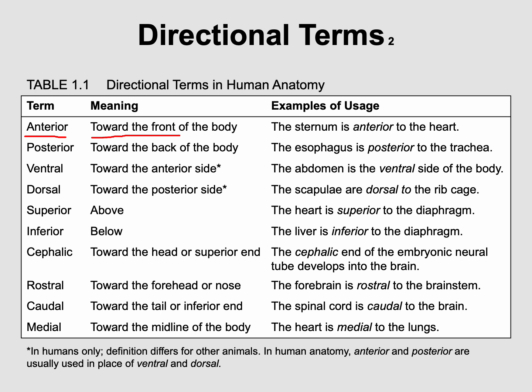So in other words, the sternum is basically right in front of the heart, while the esophagus is posterior or is behind the trachea.